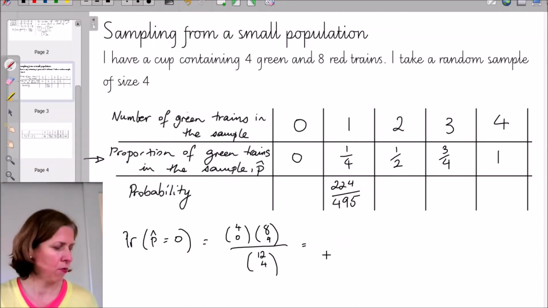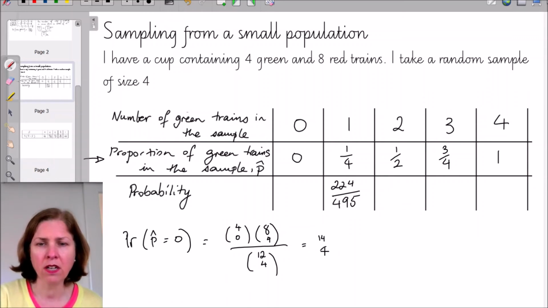I did that one already, and it gives me 14 over 99. So I pop that in here, 14 over 99.